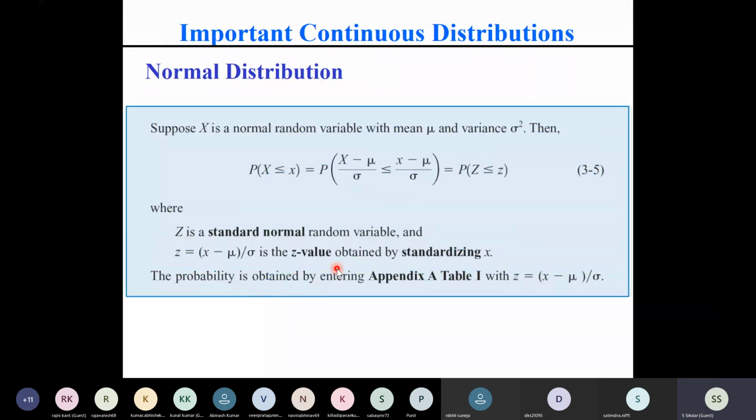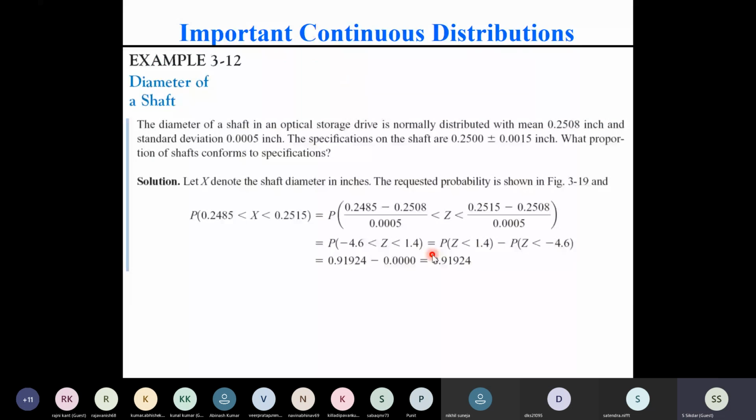If you want the probability that Z is less than a given value, you have to search for that value from the table. It becomes clearer once you look into the table. Let's discuss one example.